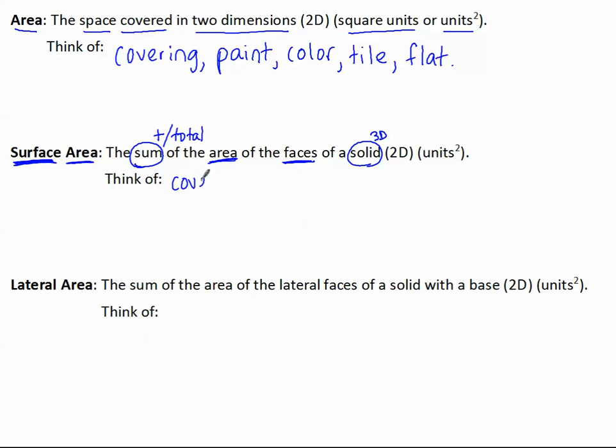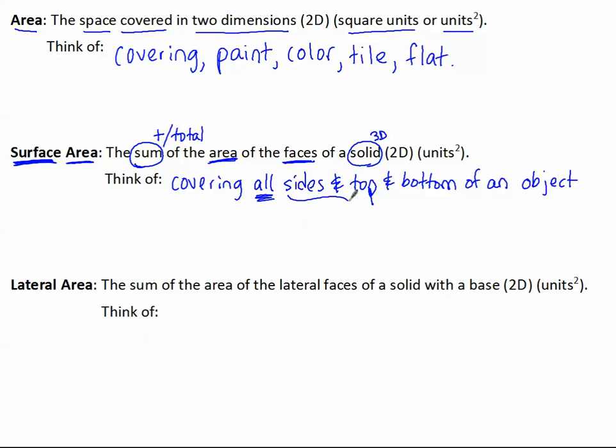Think of covering all the sides and top and bottom of an object, covering all the surfaces. The sides and the top and the bottom are all of the surfaces. Often, if we wrap a present, that is covering all of the surfaces. Painting all of something or the entire surface of an object.